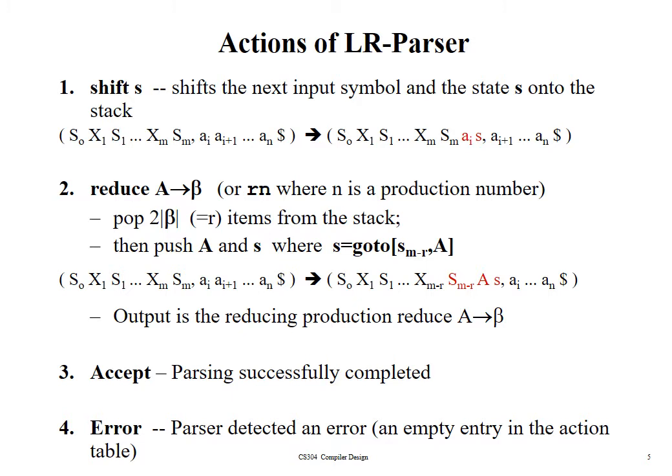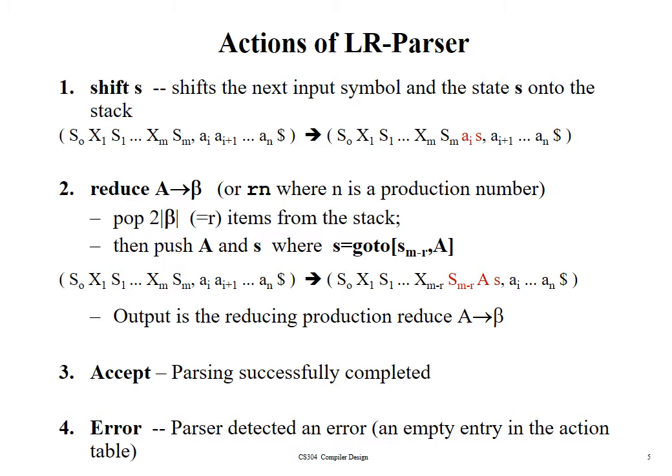If the action is reduced by a particular production, we have to pop 2 times the number of symbols on the right hand side. Here we are assuming it as R. So we have to pop R symbols from the stack top. So now the stack top is having SM minus R and XM minus R. Then we have to examine the go to part of SM minus R.